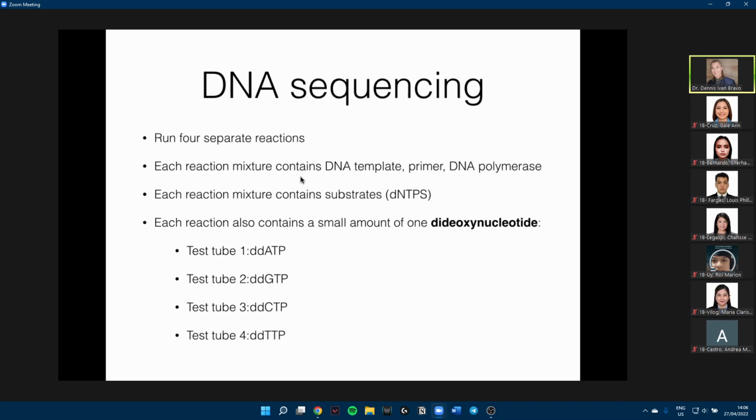Each reaction would contain the requirements, the template, the primer, the DNA polymerase, and of course, the DNTPs. And then each reaction would contain a small amount of the chain terminator, dideoxynucleotide. So that test tube 1, for example, would contain a dideoxy ATP, chain terminator for A. Another test tube has a chain terminator for G, and so on.